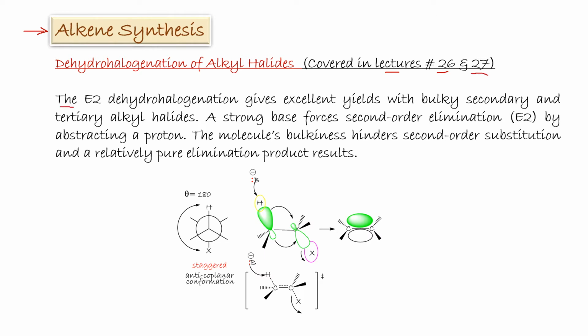The E2 dehydrohalogenation gives excellent yields with bulky secondary and tertiary alkyl halides. A strong base forces second order elimination, E2, by abstracting a proton.